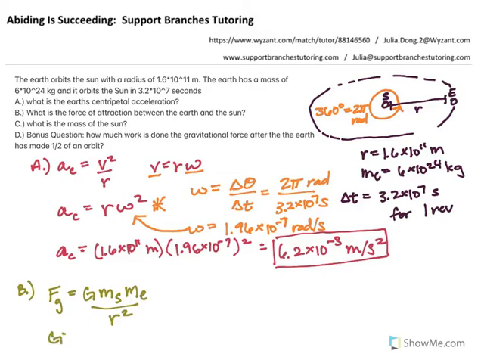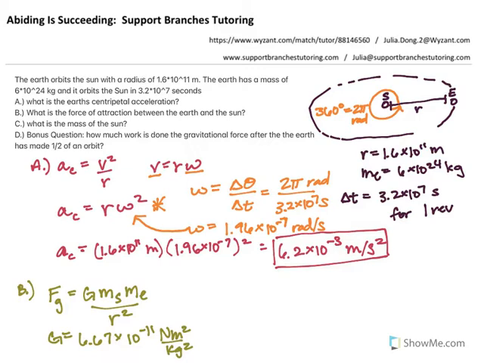And we know that G equals 6.67 times 10 to the negative 11 newton meters squared over kilograms squared.